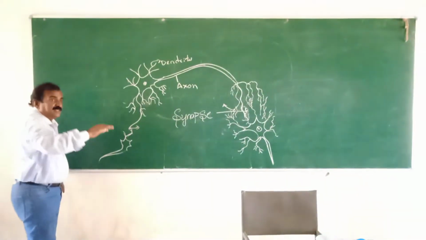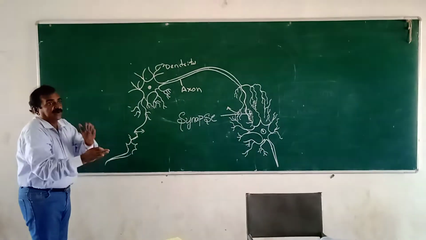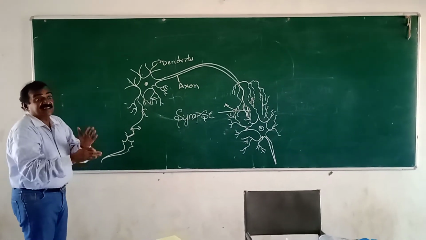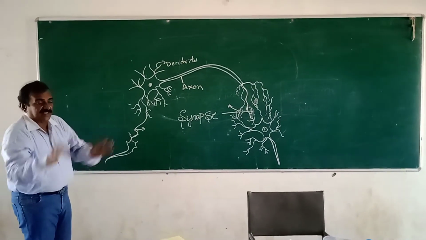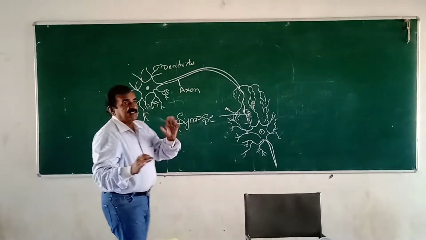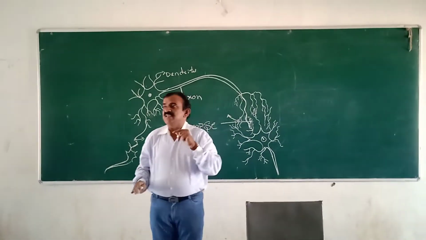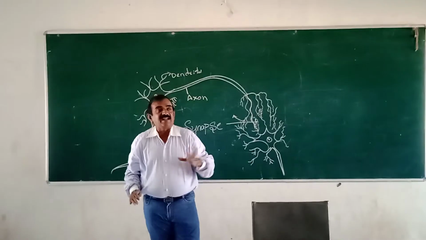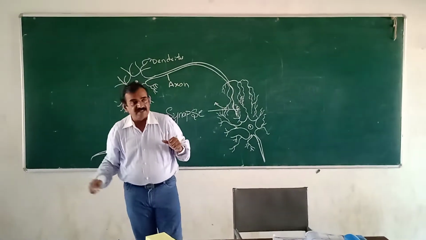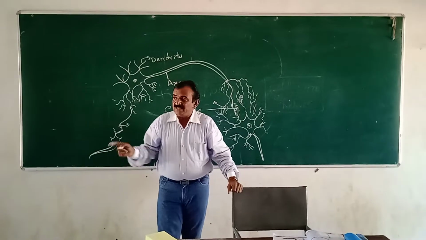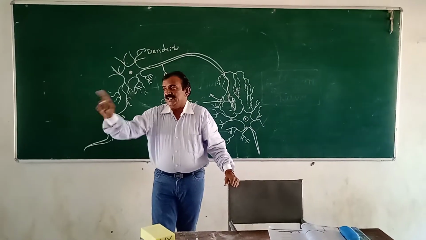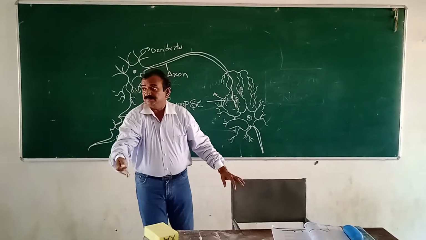Like that, you see, synapses are useful for what purpose? Here electrical signals are jumping. For example, there is a competition between a deer and a rabbit. Which animal moves fast? Deer. Why? Because it hops.